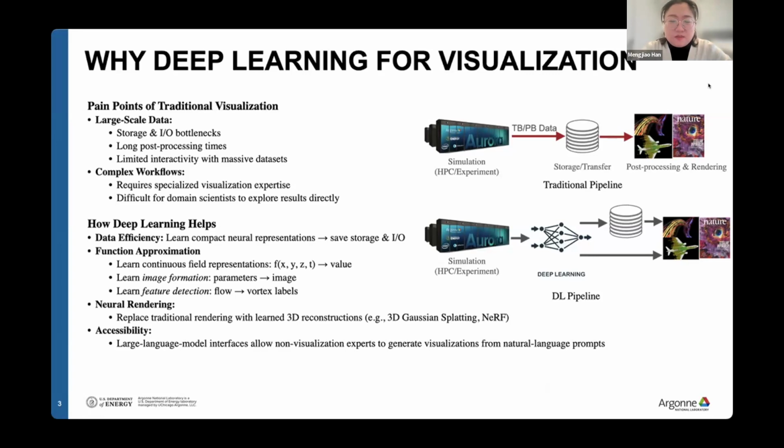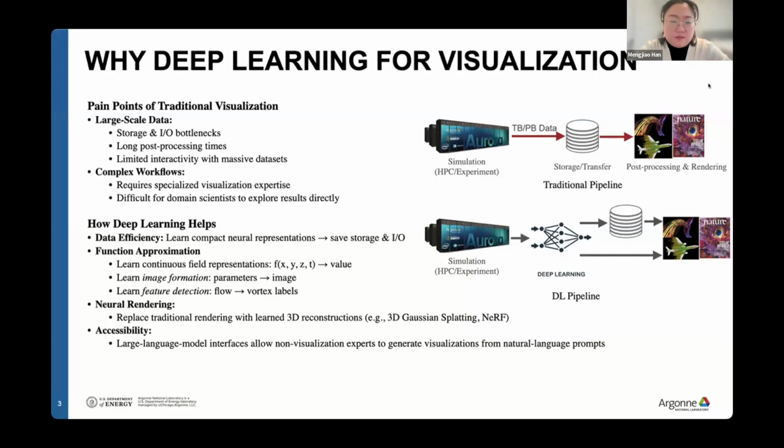This means domain scientists who learn the physics and design the simulation usually cannot easily explore their data on their own. So this is where deep learning, or broadly speaking AI, starts to help. Deep learning models can learn compact representations of data, reducing the I/O and storage requirements.